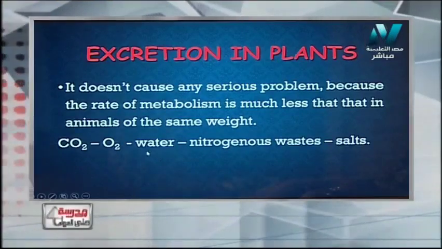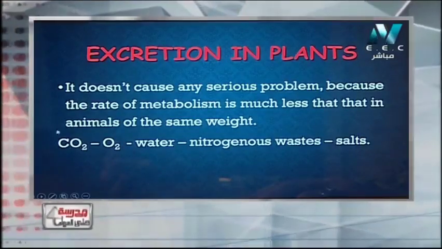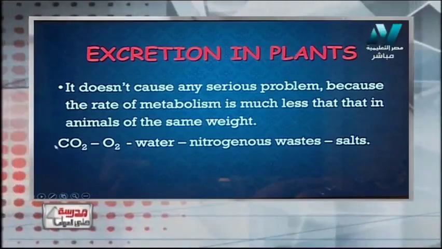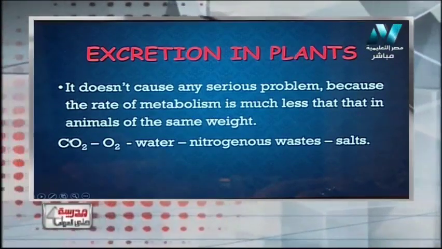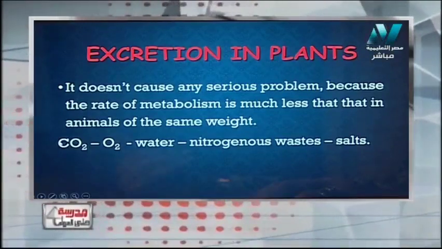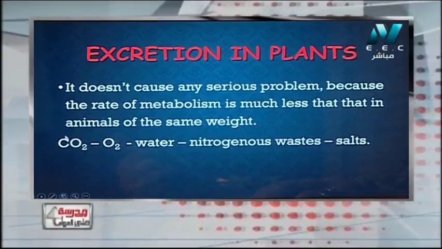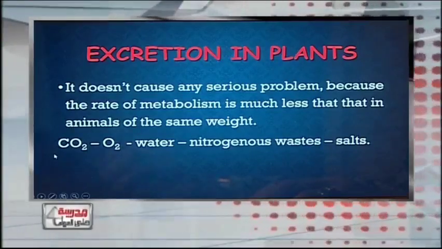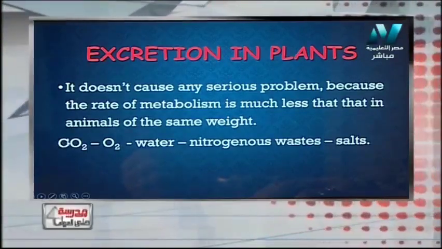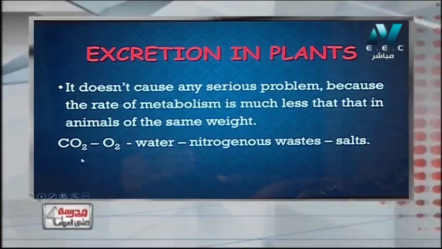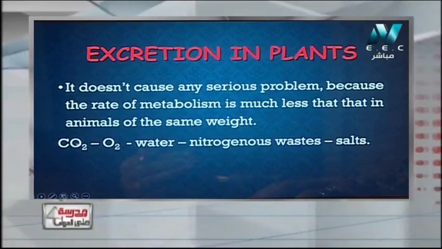So as we see here, many organs in the plant can be used to carry out excretion of the waste materials. Carbon dioxide, which accumulates in the leaves and stem, can go out of the plant through stomata. And if carbon dioxide is present in the root, it can also go out into the soil through the root.